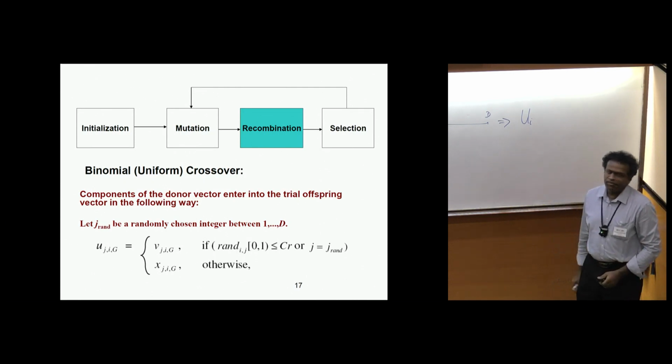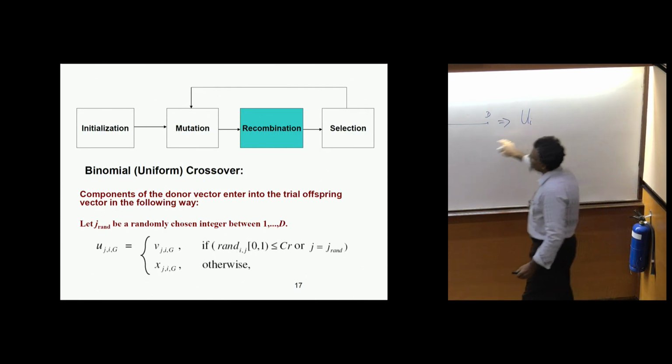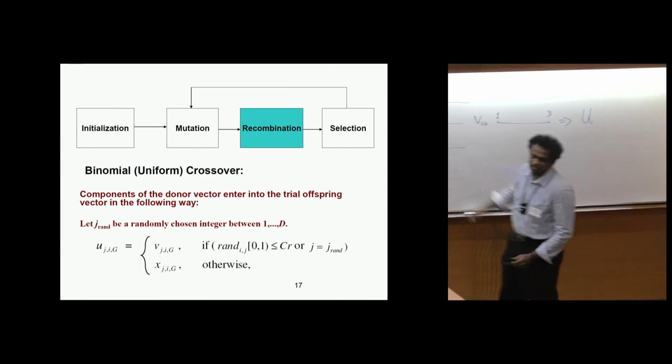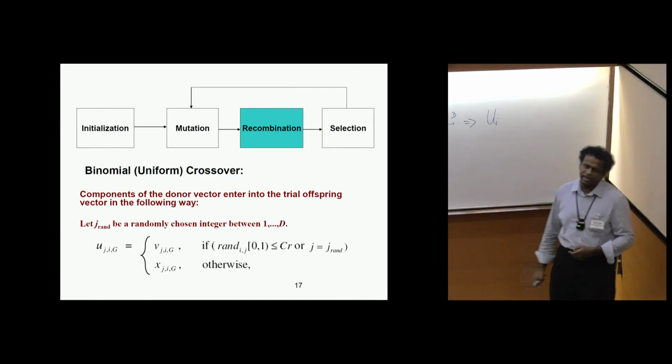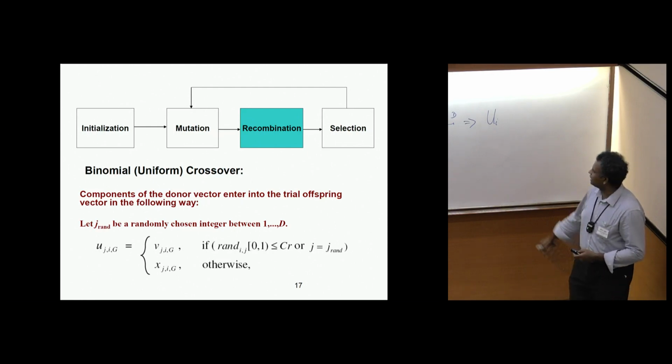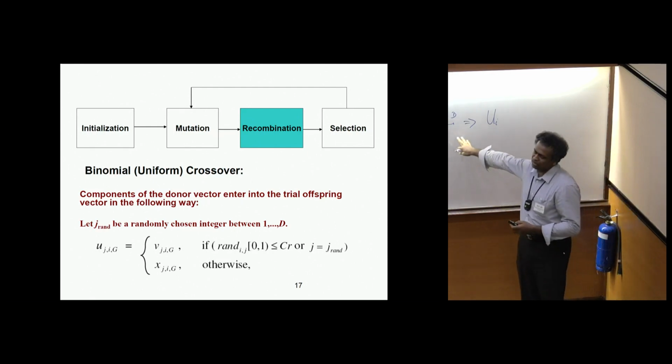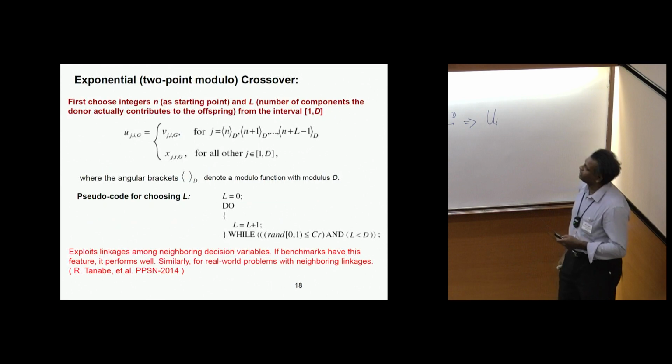Now you have an offspring vector and you have the parent vector. The competition is going to be between the parent and the offspring. The mutant vector is done with; we are not going to look at it now.